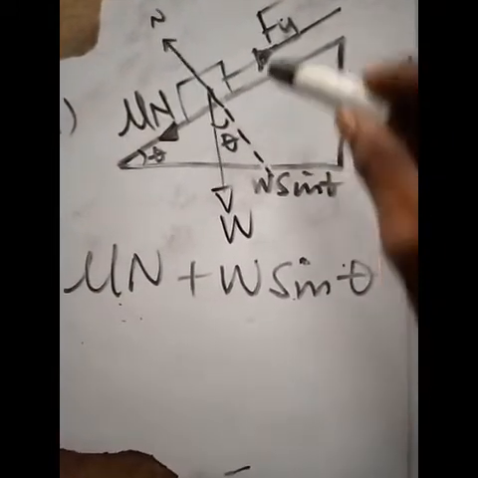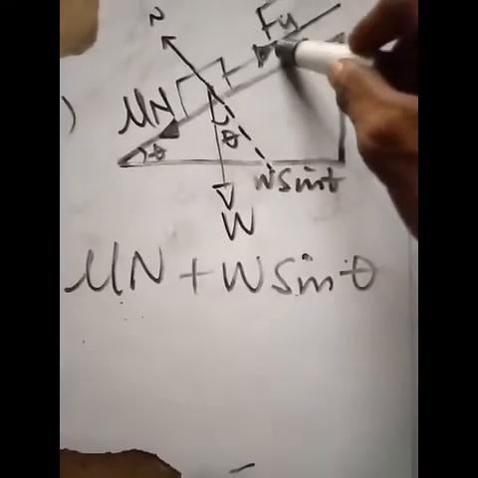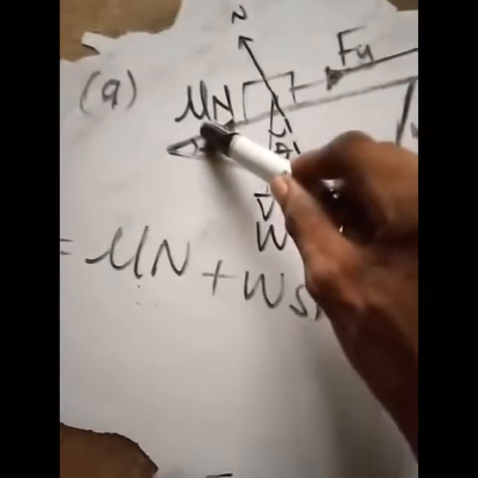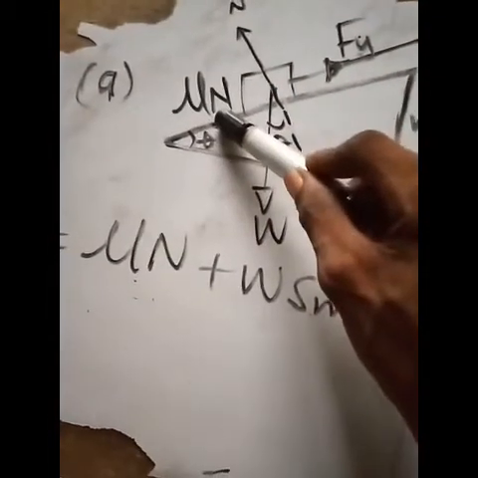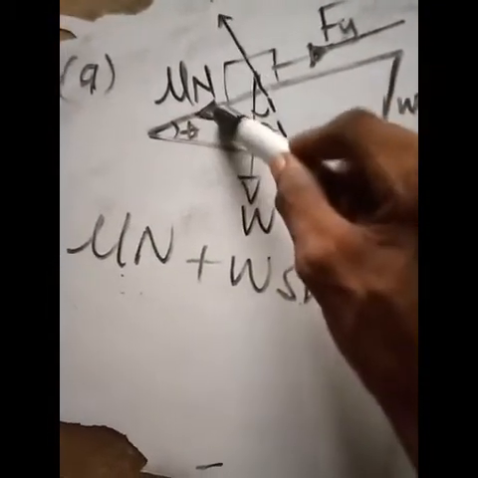Now look at this. If we're going to resolve this, it's different from this. How? This is the force going up, and this is your coefficient of kinetic friction. Here, you see the arrow going downward, and you have your normal reaction, you have your weight.